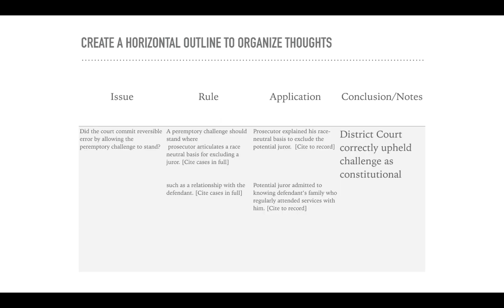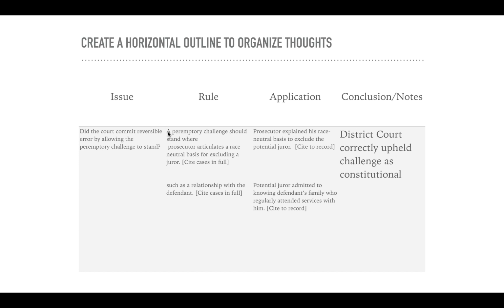At times, you might find it really helpful to create what I'm calling a horizontal outline to organize your thoughts. So for this horizontal outline, I have what you would probably recognize: issue, rule, application, conclusion, and maybe some notes too. For example, let's say our issue is, did the court commit some sort of reversible error by allowing the peremptory challenge to stand?